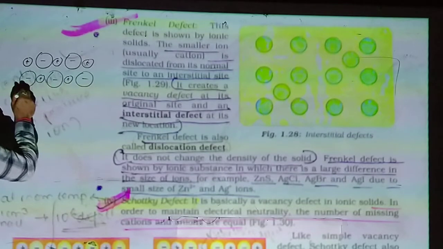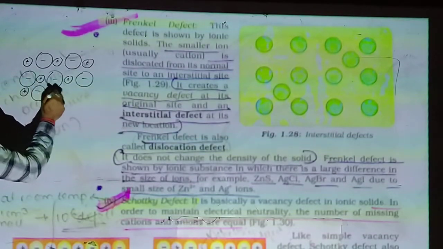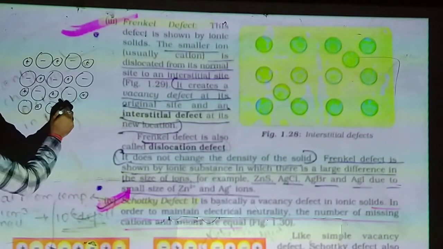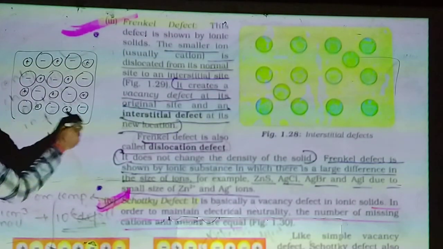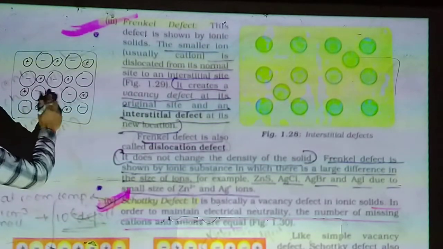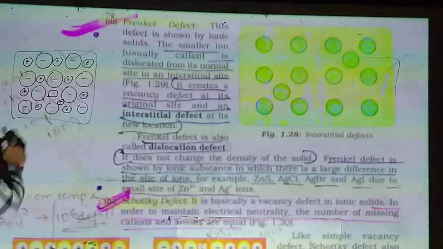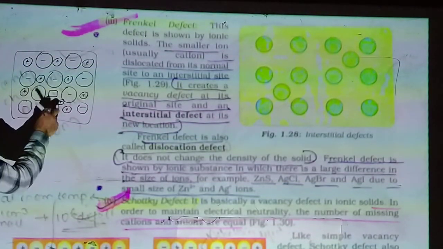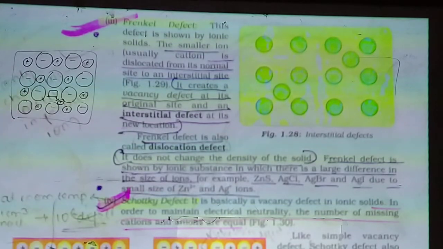But in comparison with the negative ion, whenever our positive ion is too small, it moves from its original place and there a vacancy occurs. So that is the Frenkel defect.